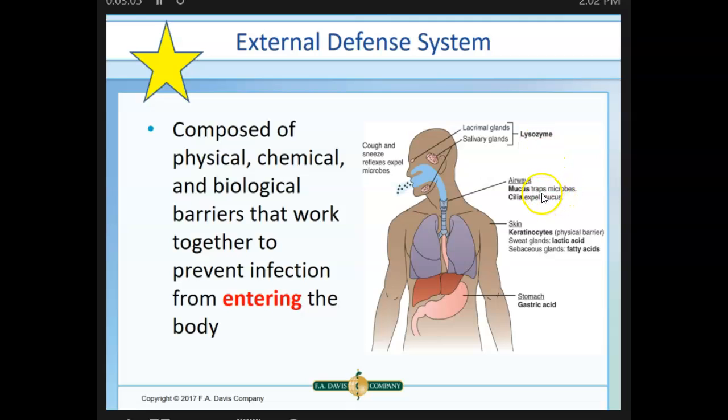Airways are coated with mucus and have cilia to help trap bacteria. The skin has an acidic pH in the sweat glands, and the sebaceous glands have fatty acids. And in the stomach, there is gastric acid that lowers the pH and creates an acidic environment. So keep in mind that lysozyme is an enzyme that's in our tears and saliva to help break down pathogens.